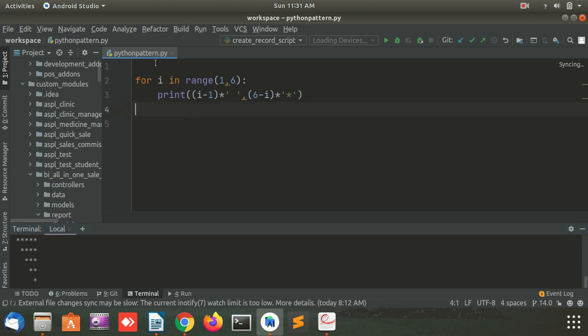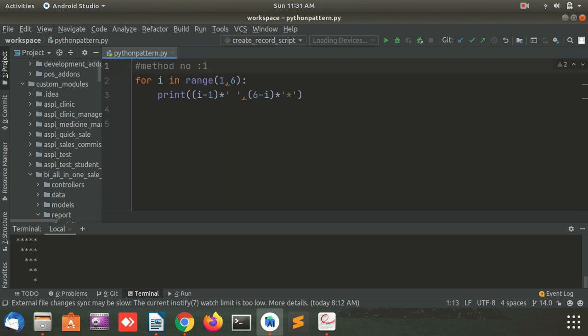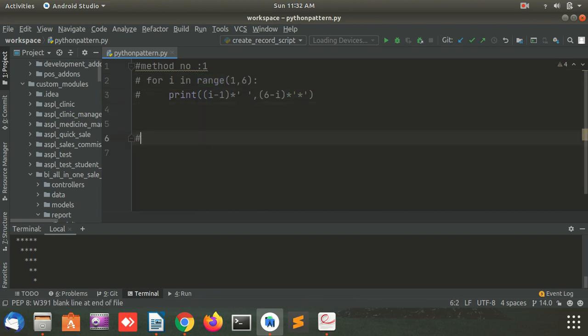So you can use another method, you can create a variable. So method number 1, sorry, you can assign a variable.